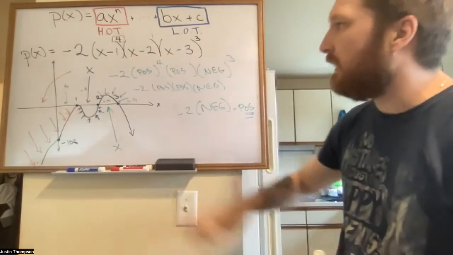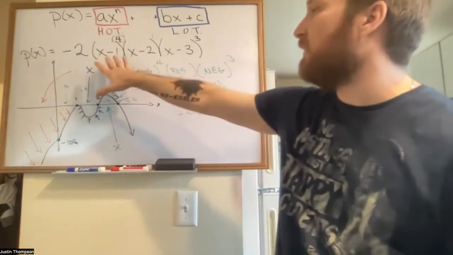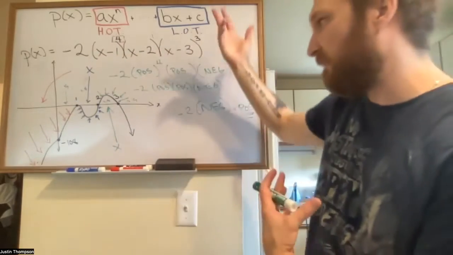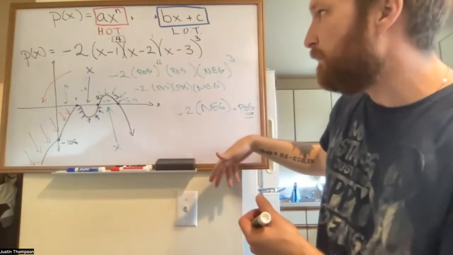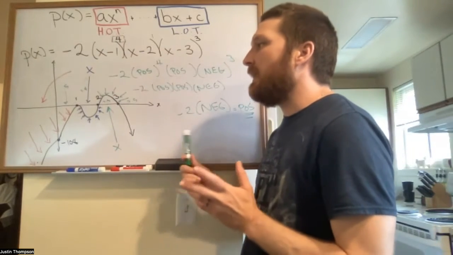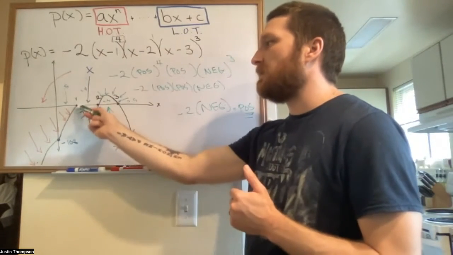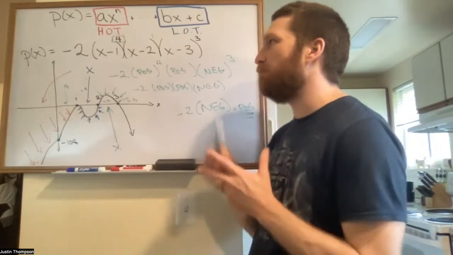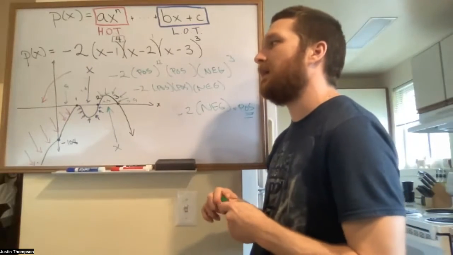When you plug in a 0.5, you'll notice, oh, you'll get a negative number here, positive, and so on and so forth, and just kind of follow it through and believe eventually that, yeah, it has to do this thing because this power is even. It has to go through because that power is odd.